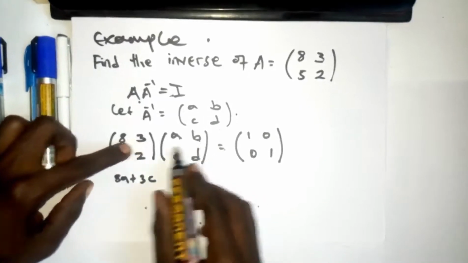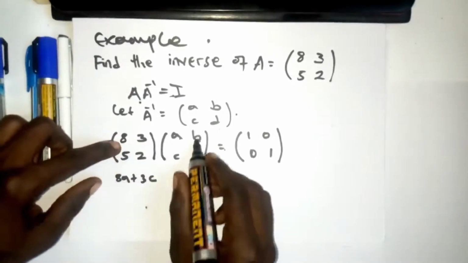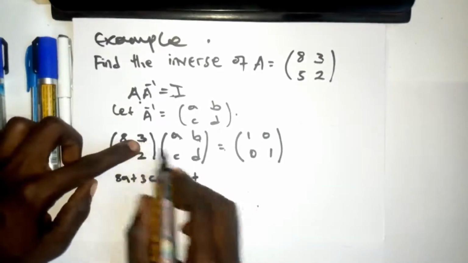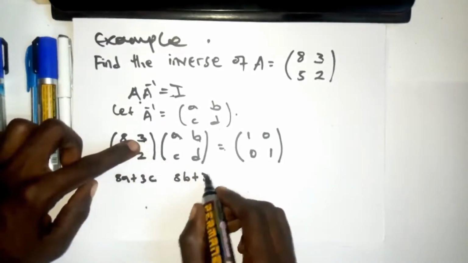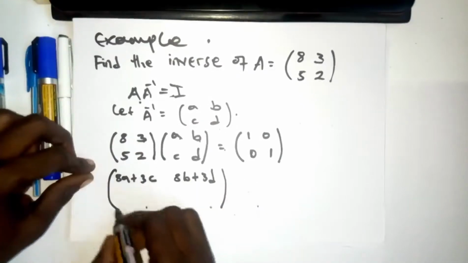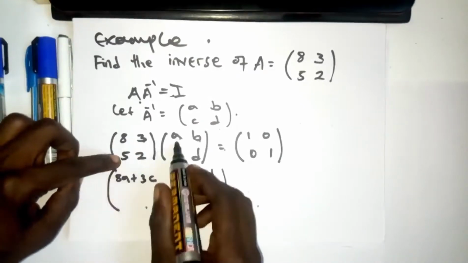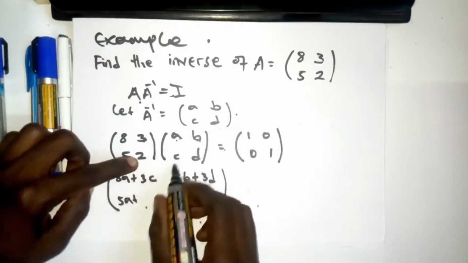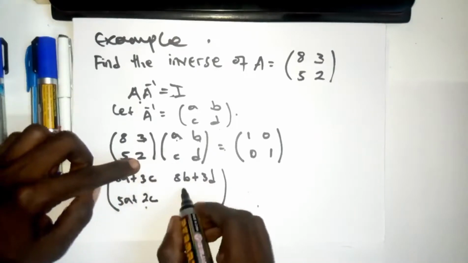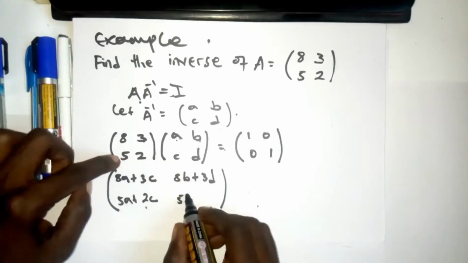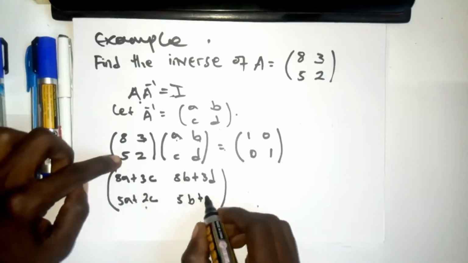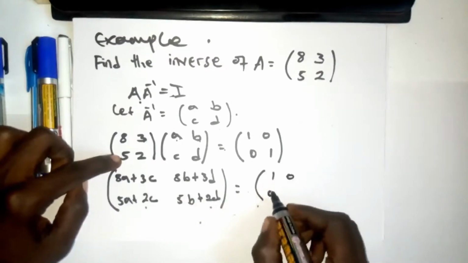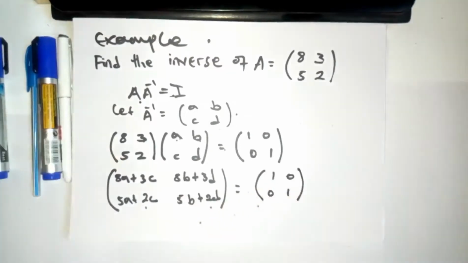I go to the next one, which is 8 multiplied by b, which is 8b, plus 3 multiplied by d, which is 3d. I go down, still the same thing, 5 multiplied by a, which is 5a, plus 2 multiplied by c, which is 2c. The next one is 5b plus 2d, which should give me the identity matrix on this side.